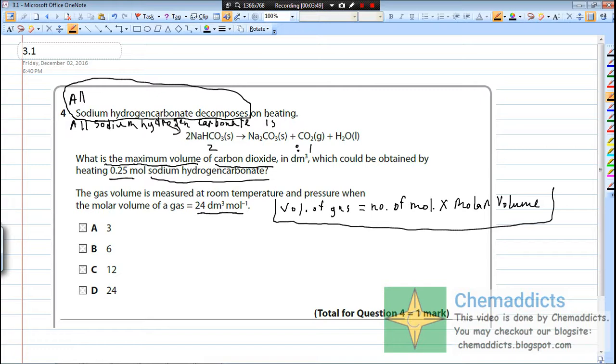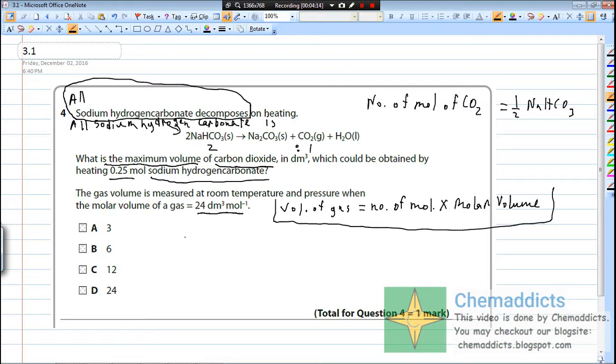Therefore the number of moles of carbon dioxide would be half of the number of moles of sodium hydrogen carbonate, since the mole ratio is 2:1.